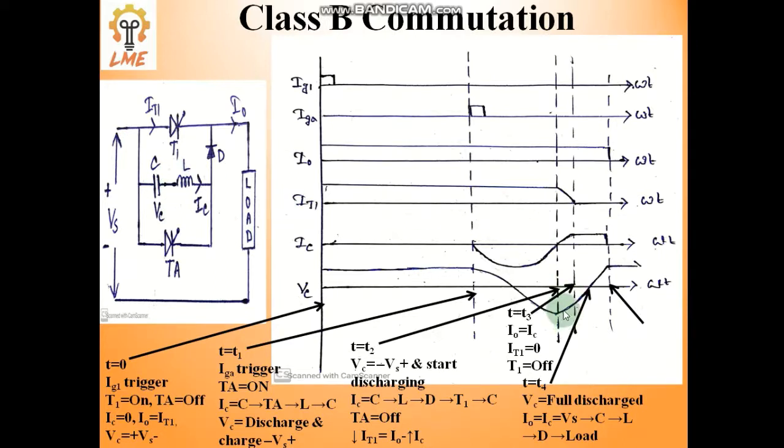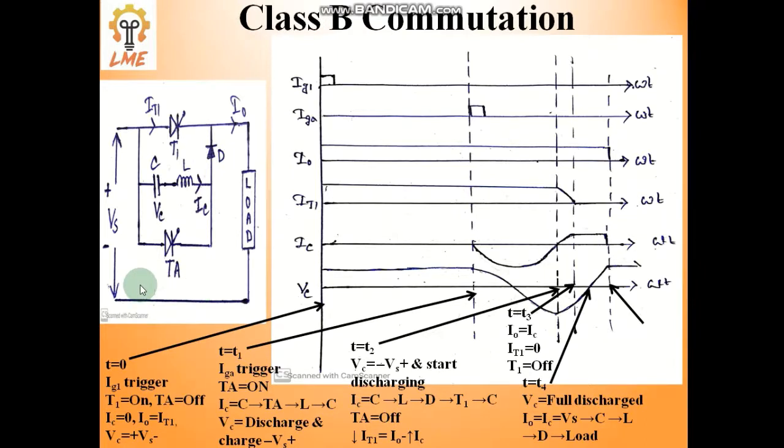Again the capacitor starts discharging with the polarity, and then it comes to a particular zero point when the capacitor is fully discharged. Then current is again passing from the supply, through the capacitor, L and diode, through the load and back.